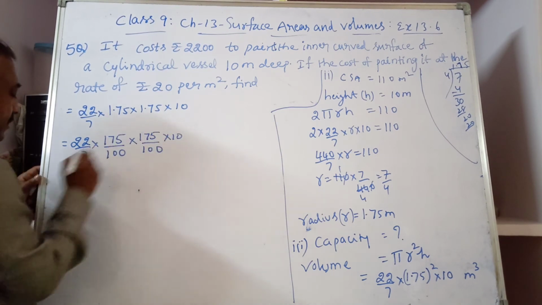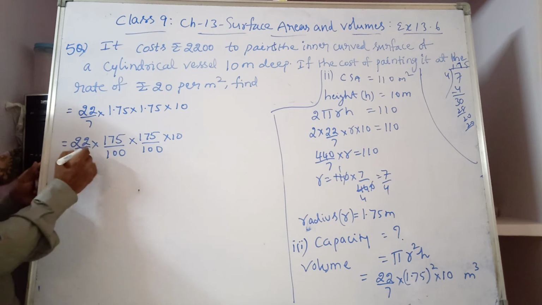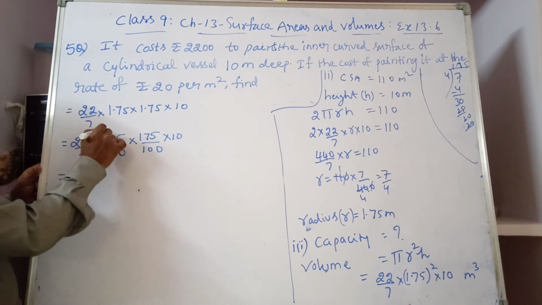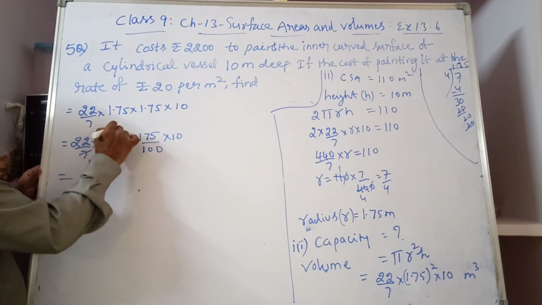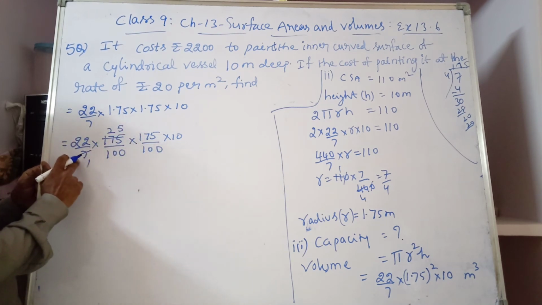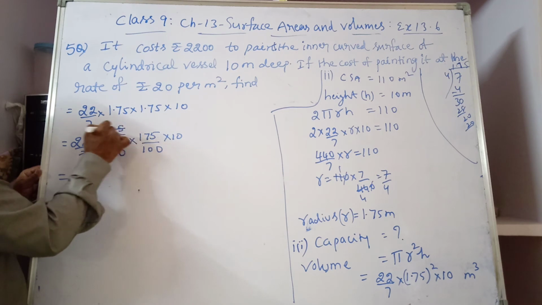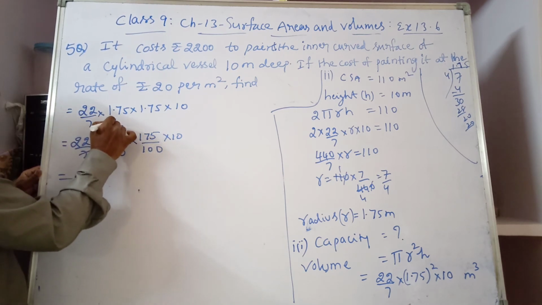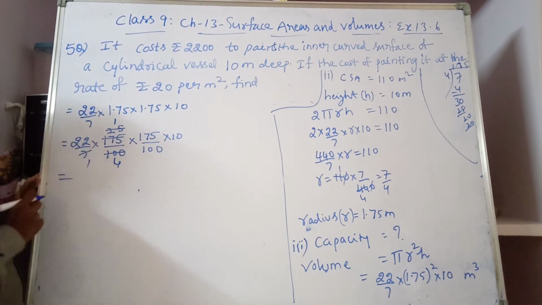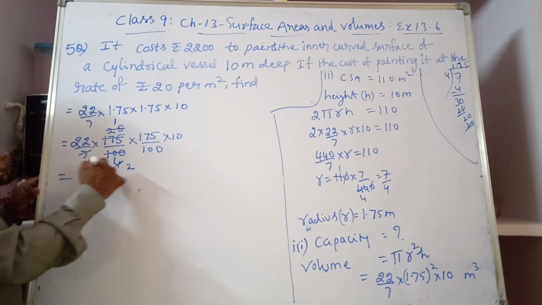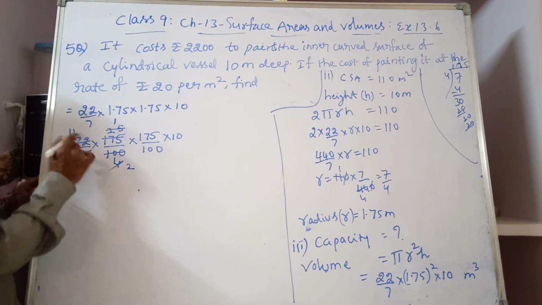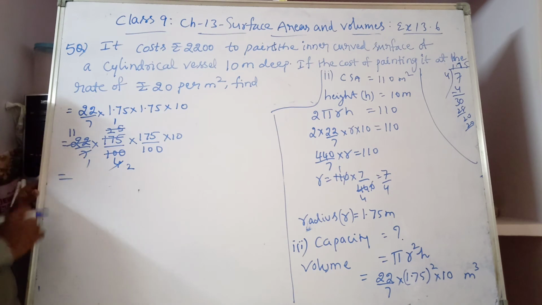into 10, which is equal to, observe it, 7 ones are 7, 7 twos are 14 and 7 fives are 35. Now 25 ones are 25, 25 fours are 100. Next 2 twos are 4, 2 elevens are 22.